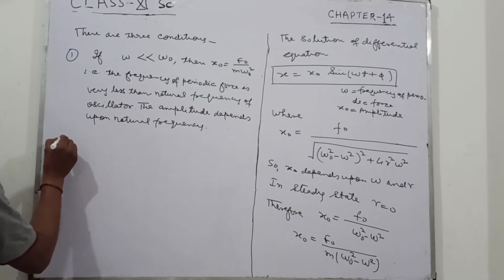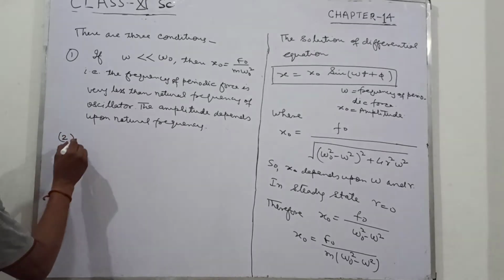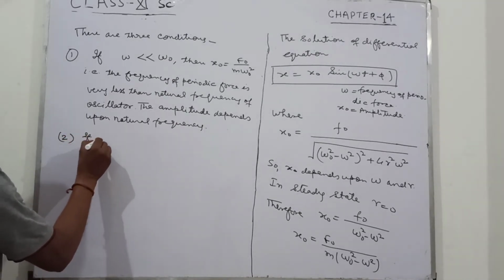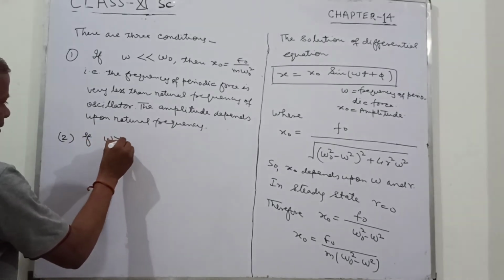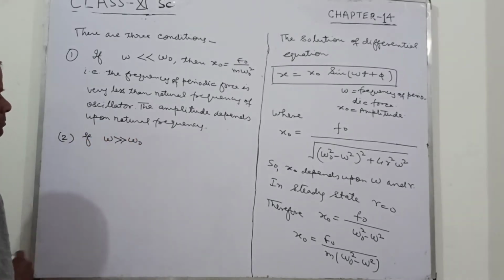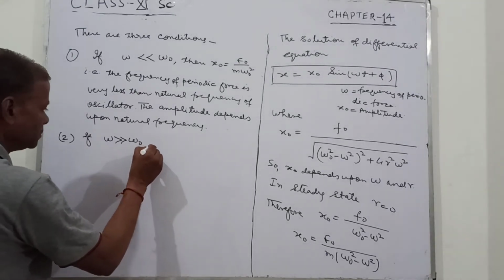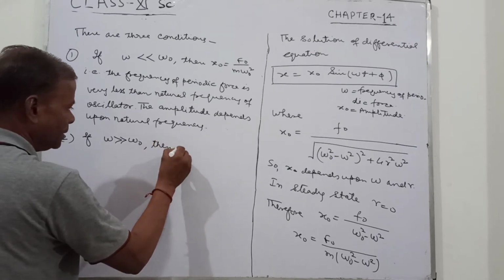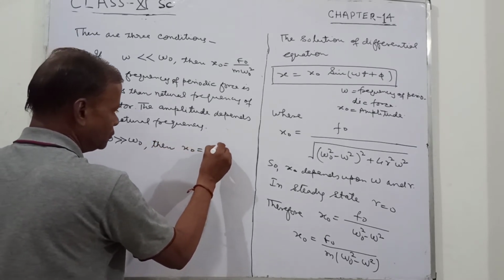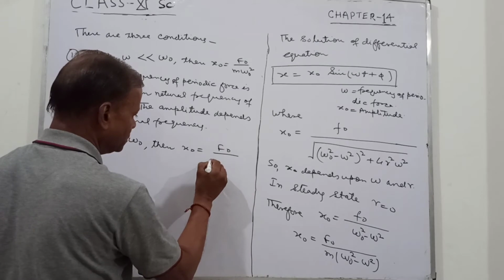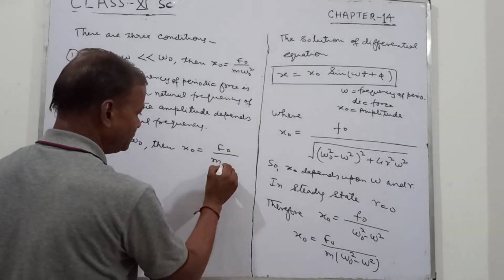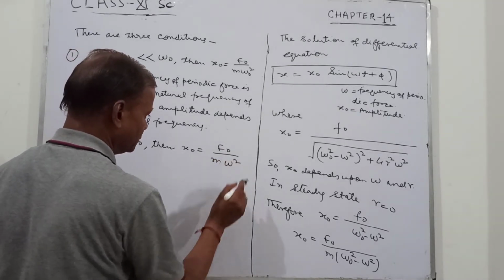Now number two, if omega is very much greater than omega naught, then x naught is equal to f naught upon m omega square.